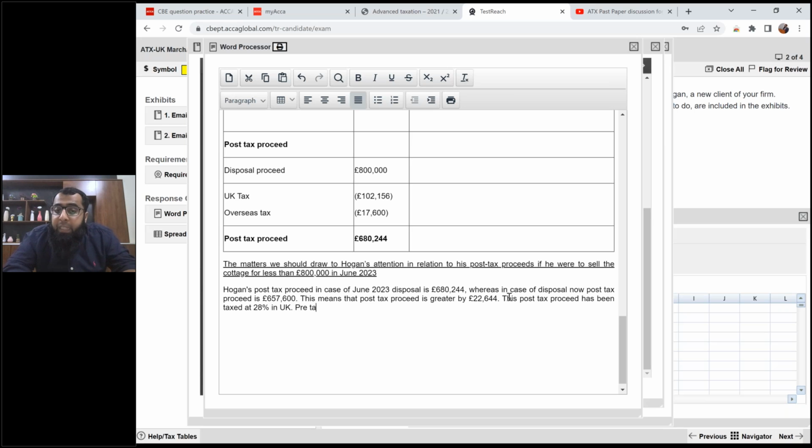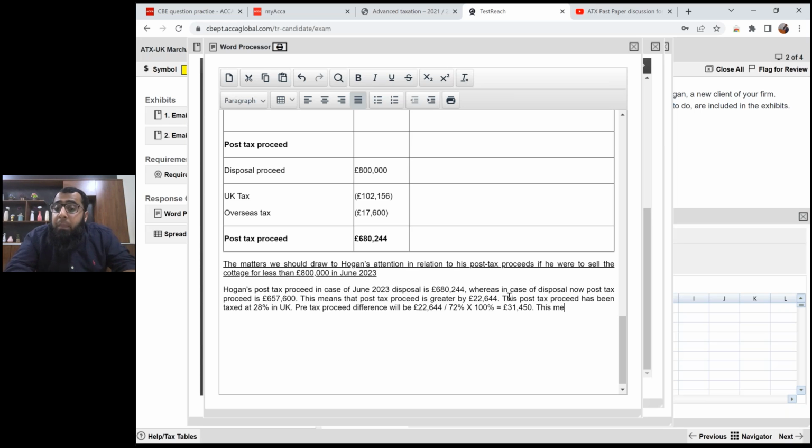Pre-tax proceed difference will be how much? 22,644 divided by 72% multiplied by 100%. I will repeat each and everything, so don't get worried. Just listen to me carefully. 22,644 divided by 72 multiplied by 100 is 31,450.